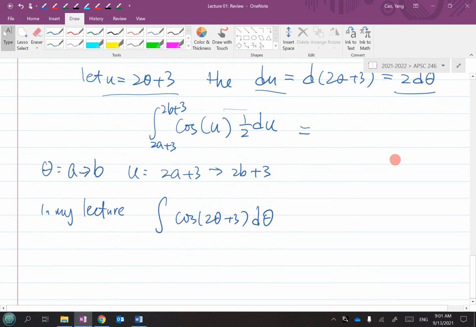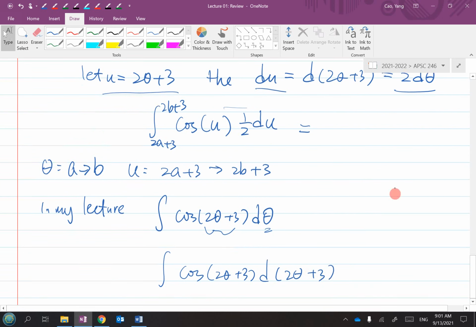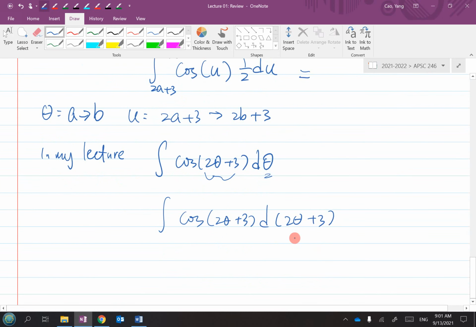So what I do typically is, instead of introducing a u for 2 theta plus 3, I strive to make the d theta here the same as d of 2 theta plus 3. I'll write it down and you'll see why. So I'm changing d theta to d(2 theta plus 3).